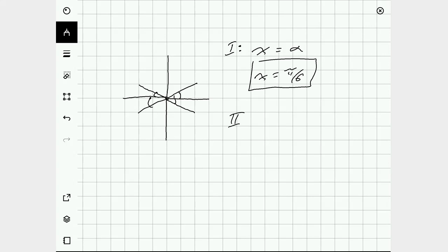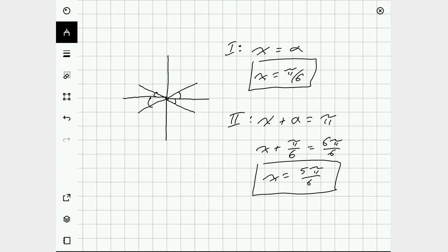In the second quadrant, we're looking at that bit of angle. We know that the angle we're looking for plus the reference angle together get halfway around the circle, and halfway around the circle is an angle of pi. So we have 5 pi over 6.